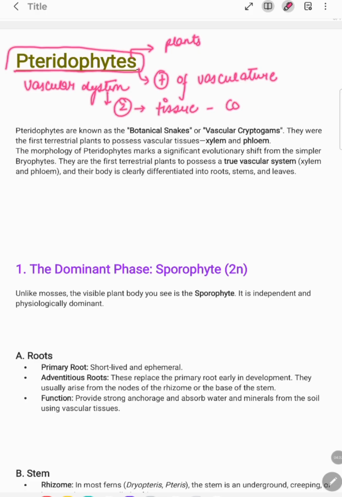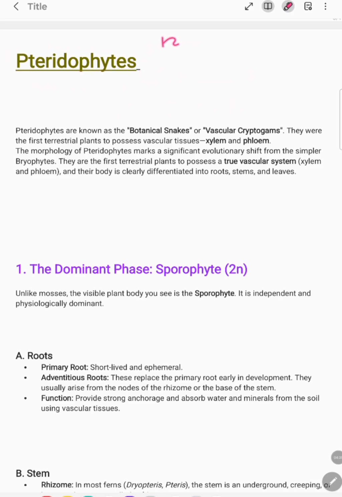These are your complex tissues. What are these? These are your xylem and your phloem. Okay, from here there is the beginning of the presence of xylem and phloem.